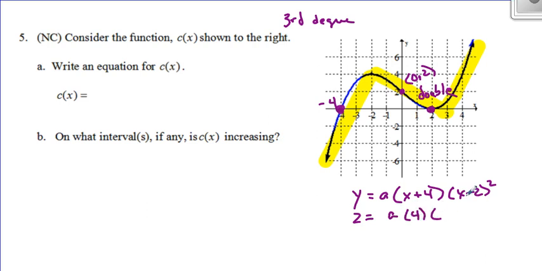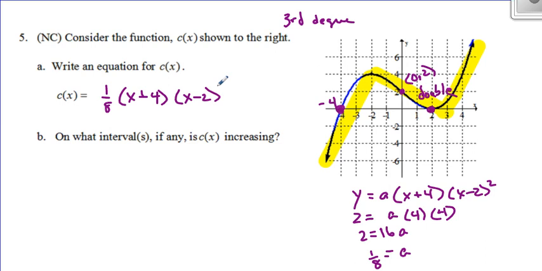When I plug in 0 here, 0 minus 2 is -2, squared is also 4. And so 2 equals 16a, and a equals 1/8. So my equation is y equals 1/8 (x plus 4)(x minus 2) squared.